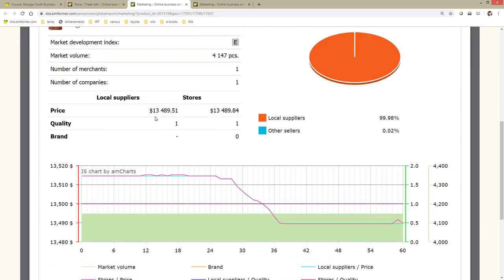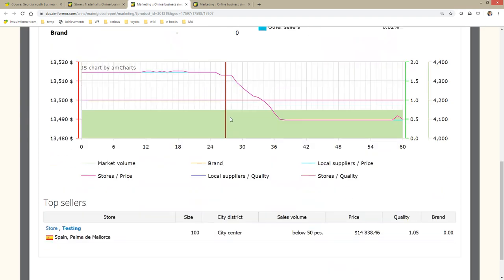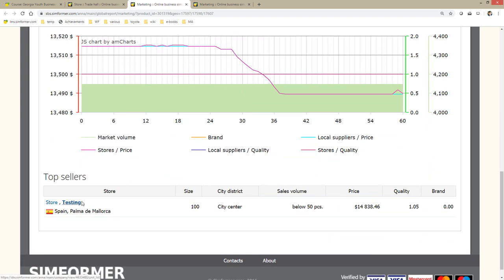The local suppliers are sellers of production of the lowest quality for the lowest price. So these are computer generated, as you will never enter an absolutely empty market. The stores show the prices or averages of other players. For example, like this guy here, we can see on average how much he sells.